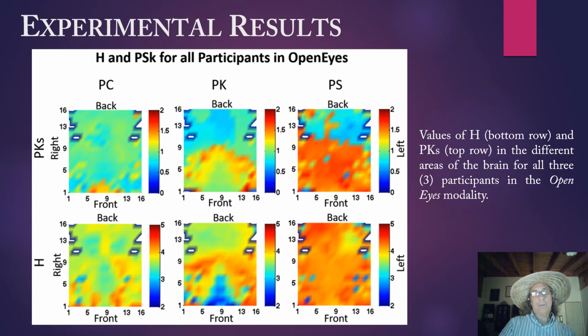In open eyes, all the participants show much more entropy, and so this modality has the brain actively changing from band to band, and of course that creates a different distribution of probability, a different spectrum. Here we can see the differences between the modalities, and also still the differences between participants.